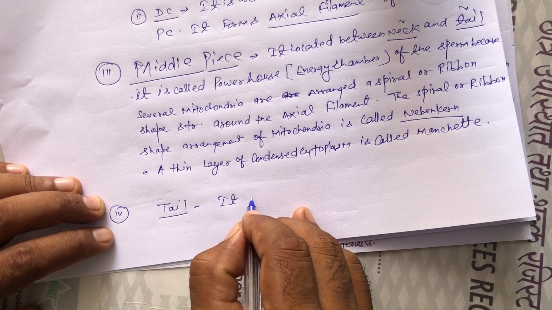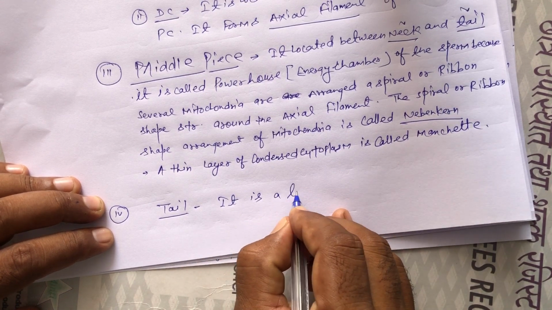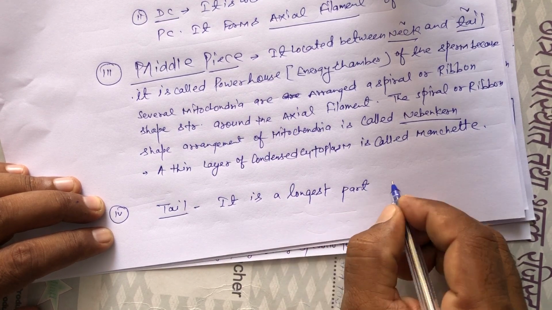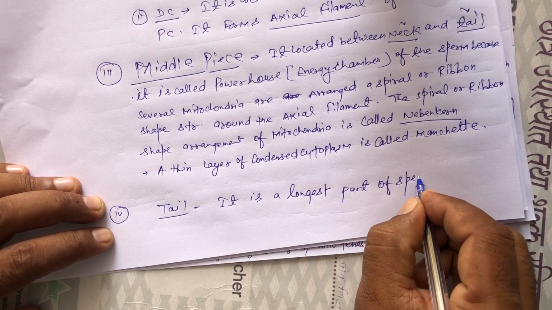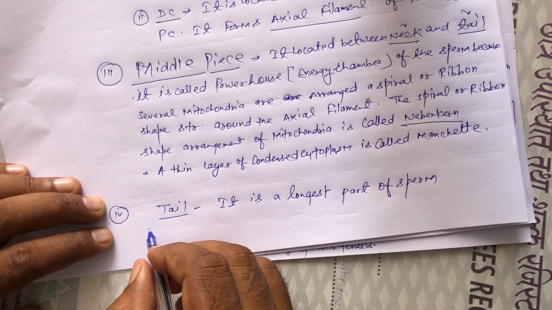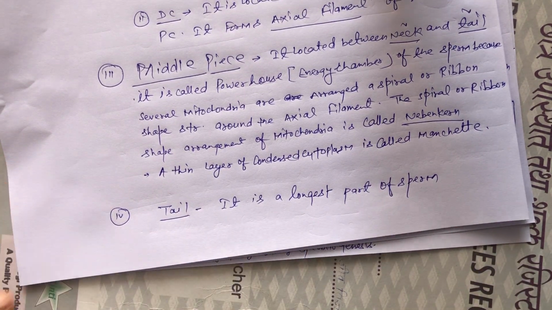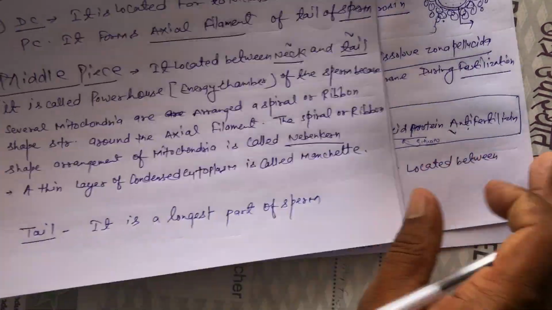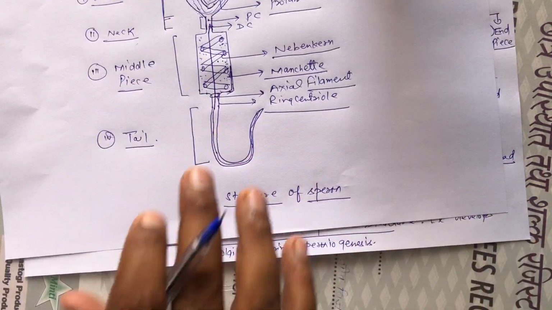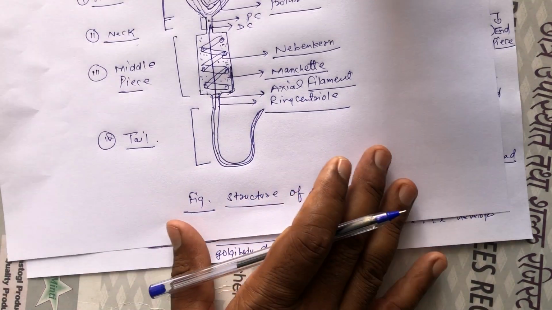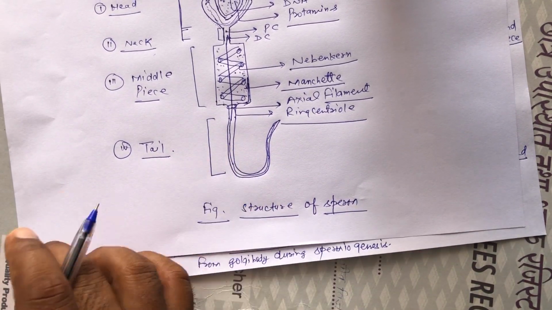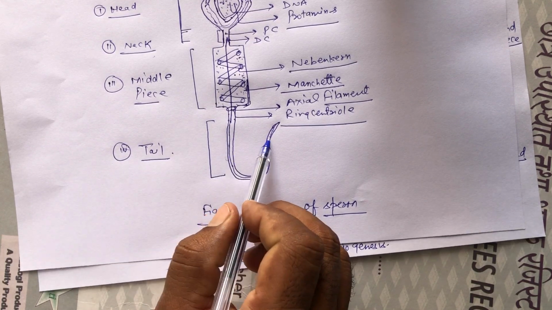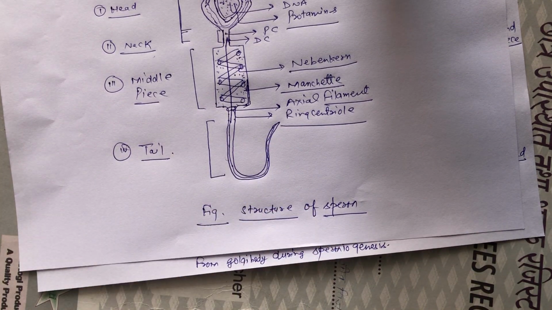Students, it is the longest part of the sperm and it is the locomotory structure in the sperm. This is the tail part. The next parts of the tail are the main piece and this is the end piece.